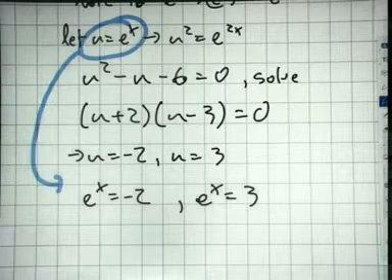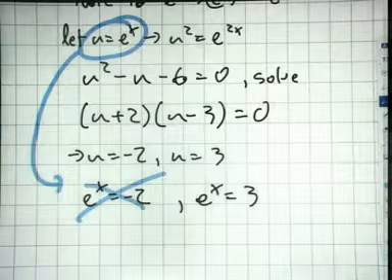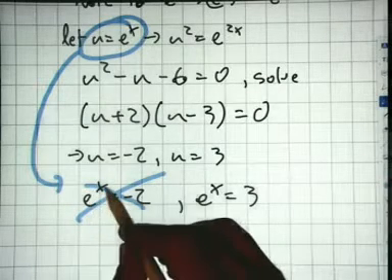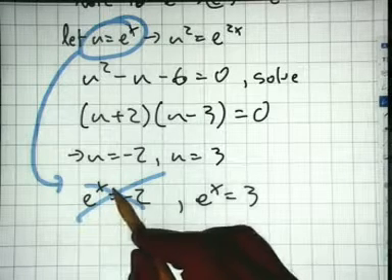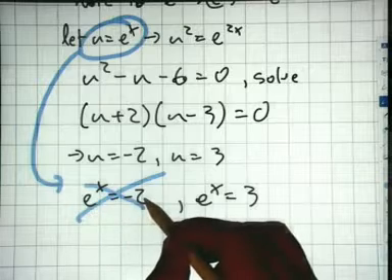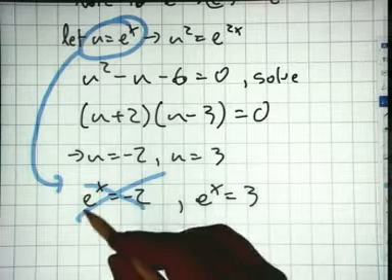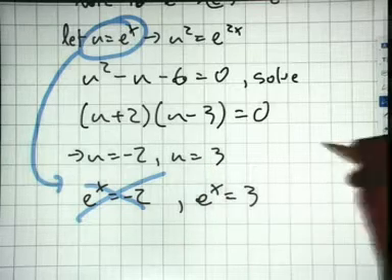Now, right here, we can throw that answer out. Why? Because e to the x is always going to be a positive answer. It's never ever going to be negative. So we can just throw that answer out. So how do we solve this?